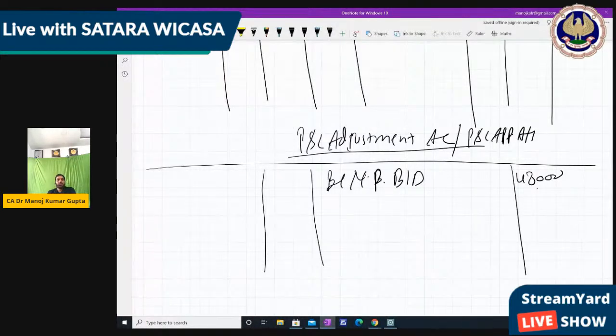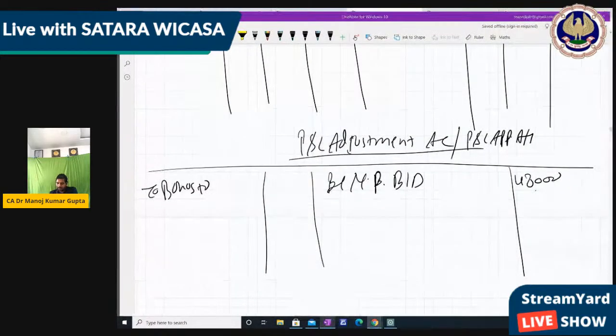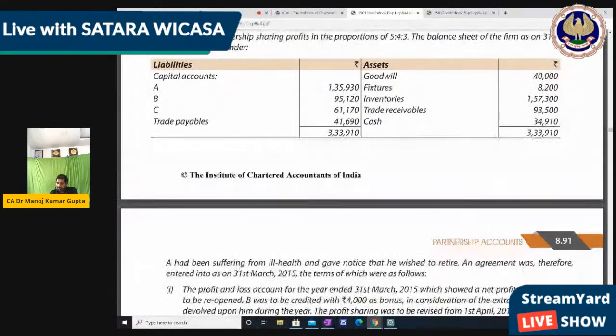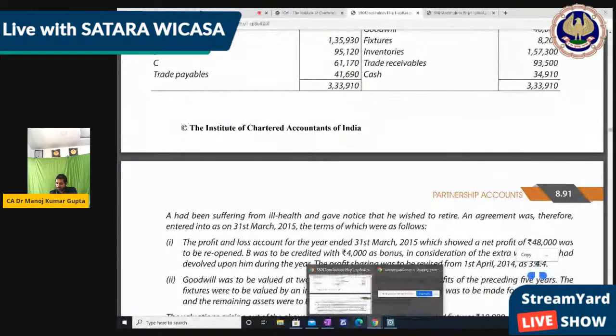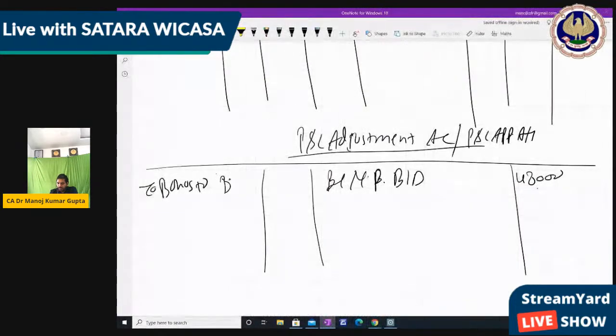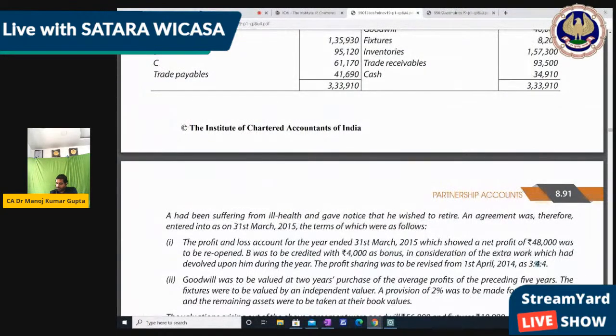So net profit brought down 48,000, right? To bonus, to whom do we have to pay the bonus? They say reopen, and B was to be credited with 4,000 as bonus. So to B 4,000 bonus will be given. Then to partner capital accounts A, B, C in the new ratio, that is 344.